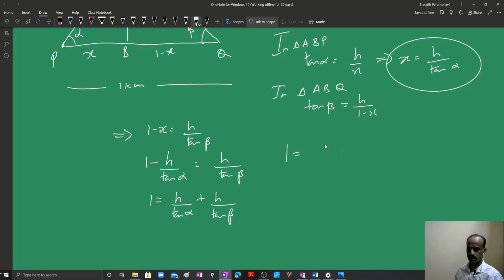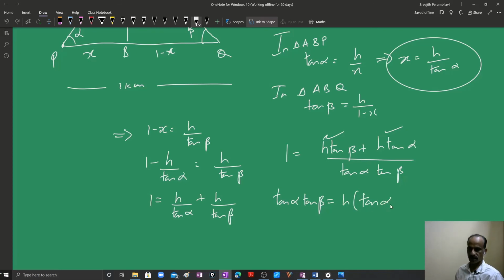We'll take the LCM, 1 is equal to h tan beta plus h tan alpha divided by tan alpha into tan beta. Cross multiply, you get tan alpha into tan beta is equal to h into tan of alpha plus tan of beta. So now h is equal to what?